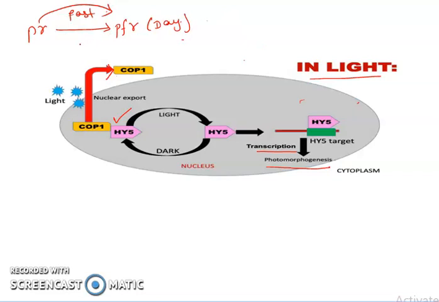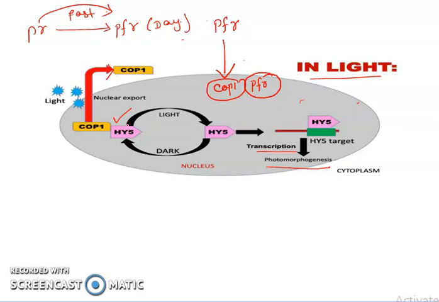During the light condition, when PR is converted into PFR, this PFR will enter inside the nucleus and it will bind with COP1. So, the HY5 is now free as COP1 is binding with the PFR.